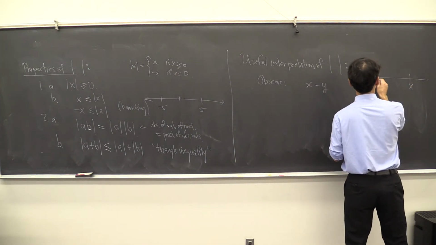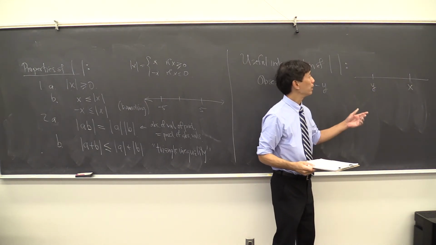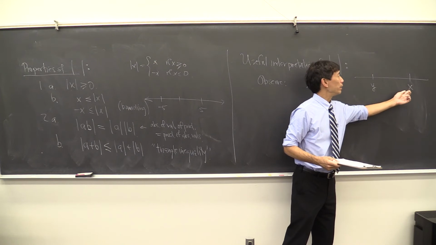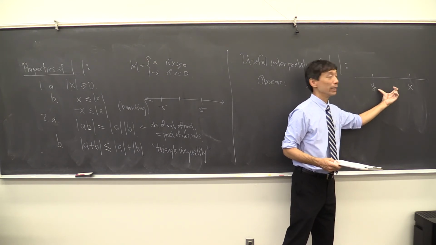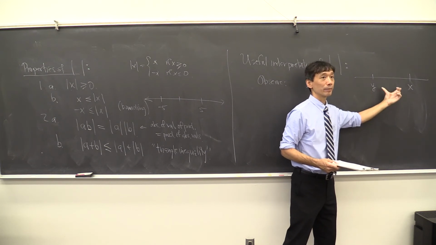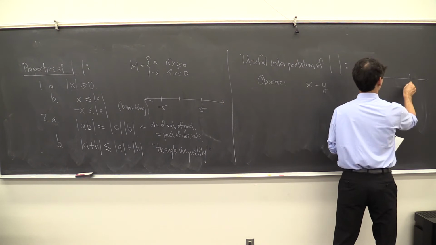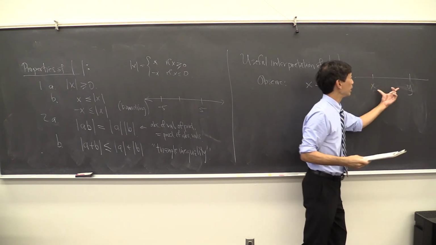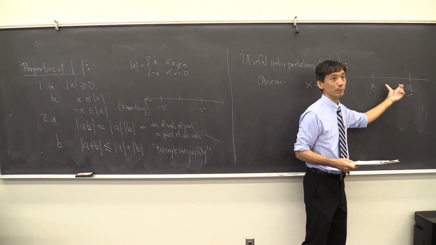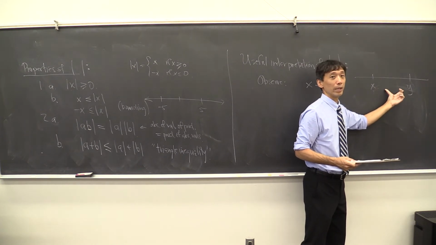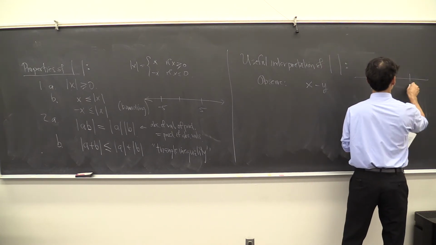So here's x, let's say, and here's y. Then if you take the bigger guy minus the smaller guy, that's the distance between them, right? If you take the smaller guy minus the bigger guy, you get kind of a signed distance. You get -1 times the distance, right?